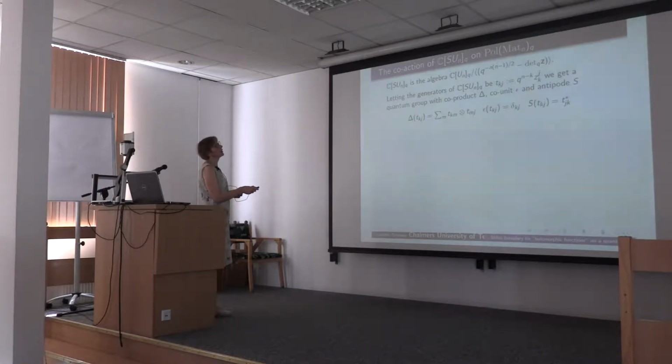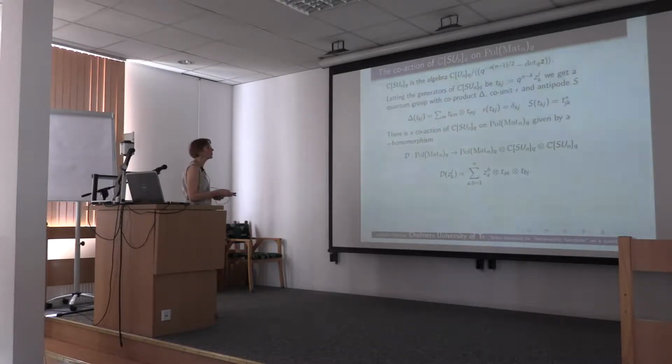The more natural generators for this group are the t_kj. Having these generators, you get that this object is a Hopf algebra, a quantum group with a coproduct delta, which is defined in this way, a counit, and it has an antipode. And there is a coaction of this quantum group on this algebra, given by this homomorphism D, with this formula.